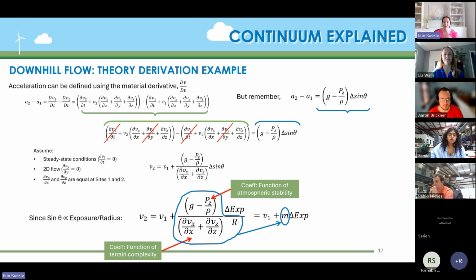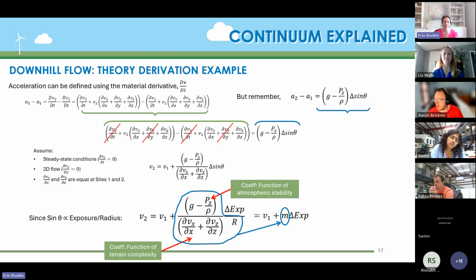So we're going to swap out that delta sine theta with the change of exposure divided by the radius. So that we're starting to tie in exposure, kind of that building block of the continuum model, into our downhill flow equation. So the denominator, this little chunk within our equation, is going to be encompassed within one of our coefficients.